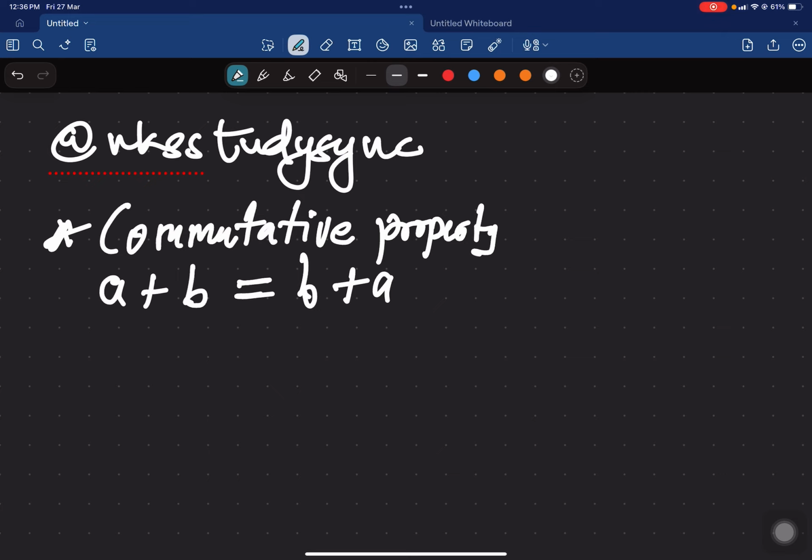Okay, now the next property, still under addition for the set of natural numbers, is the associative property. For the associative property, we are going to take three such operands. So let's say a, b, and c are some natural numbers, and we want to add them. We take two at a time.